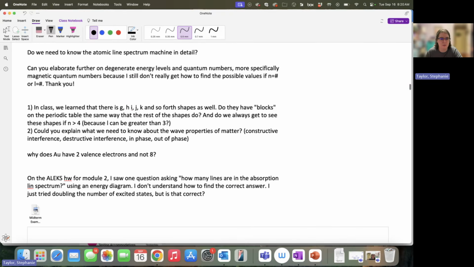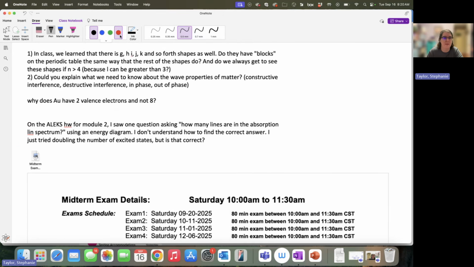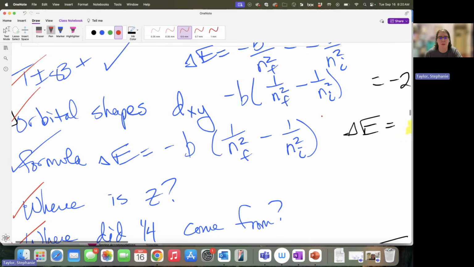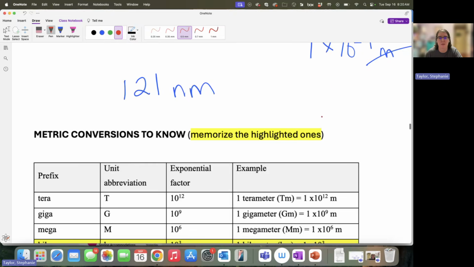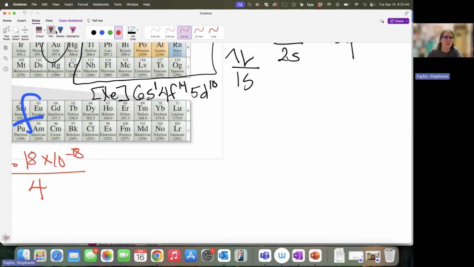Okay, so some questions from my class. Why does gold have 2 valence electrons and not 8? Gold actually has 1 valence electron, due to the highest value of N. Let's go back to that electron configuration. So one of the questions asked was about the number of valence electrons of gold.